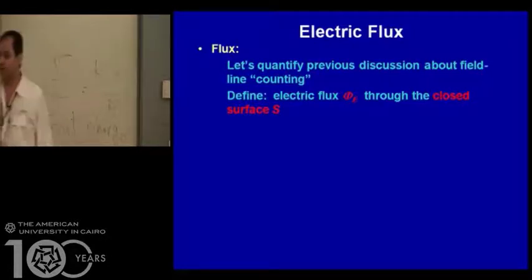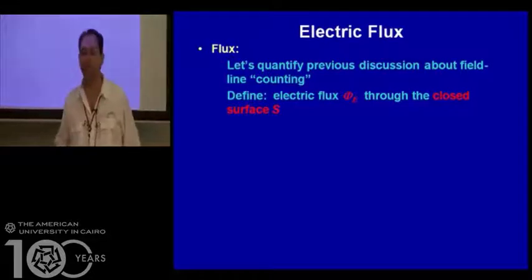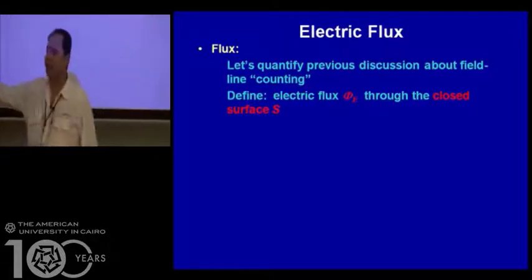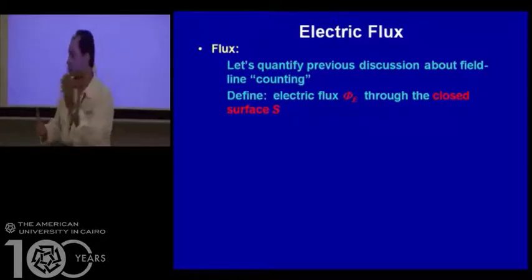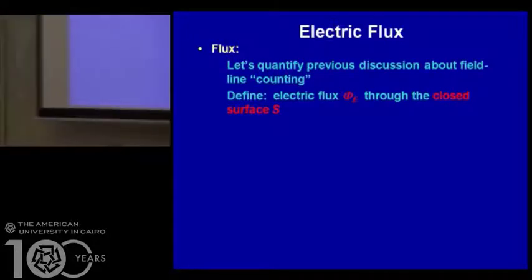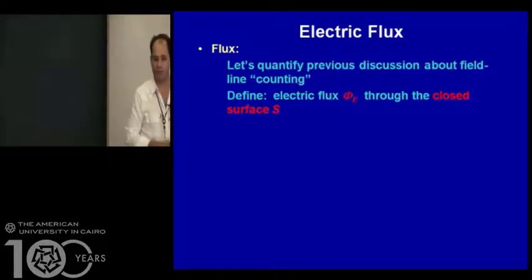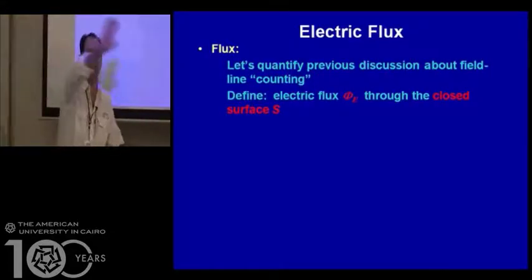But anyway, guys, flux is just the number of field lines, nothing more than that. So as I said, if we have field arrows that go in from that wall and leave the room from the other wall, what is the flux in that whole closed surface?